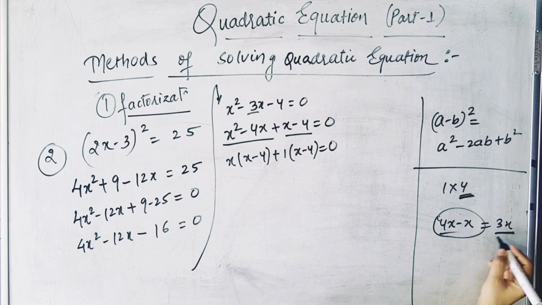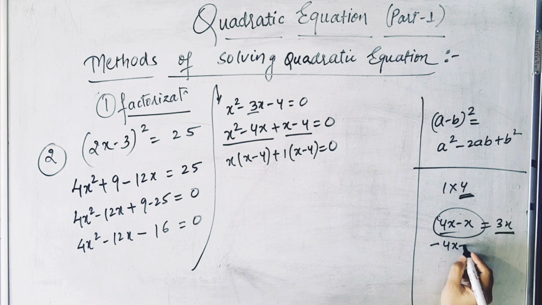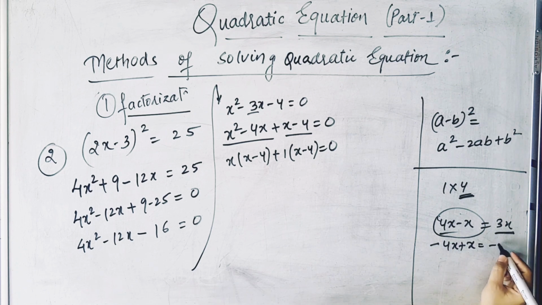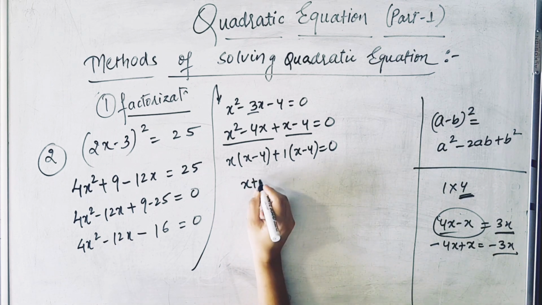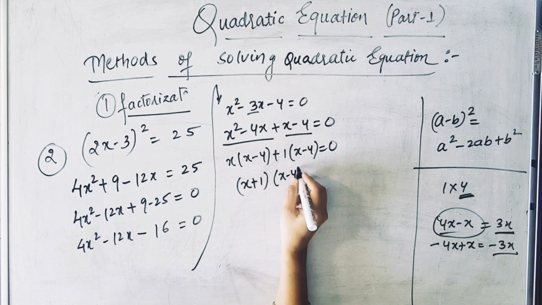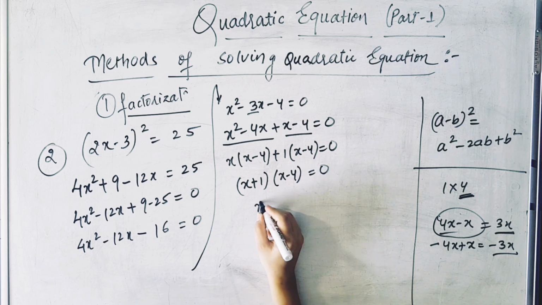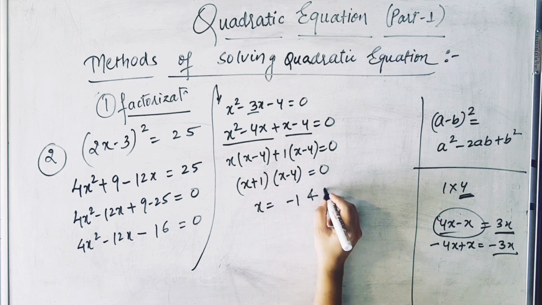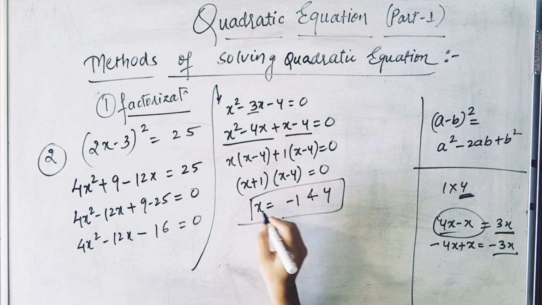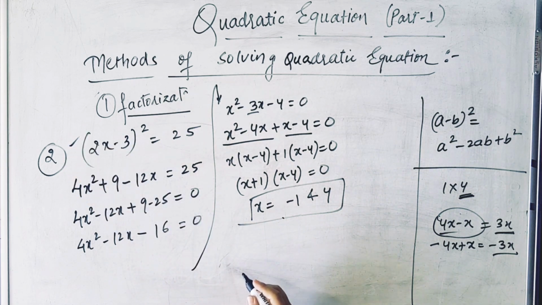So we don't want 3x, we want what? -4x plus x will do, so we'll get -3x. Now we have got the answer x plus 1, x minus 4 equals 0. Thus the value of x is -1 and 4. So this is the solution of this quadratic equation with the help of factorization method.